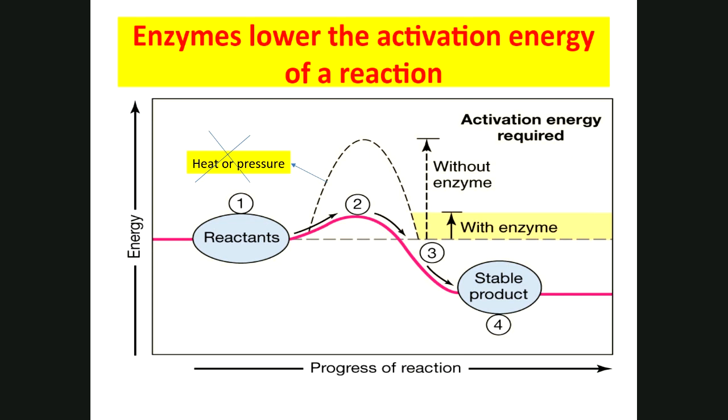depicts the actual role of enzymes. Enzymes are going to lower the activation energy of a reaction. So if you have certain reactants, in order to get the product from those reactants in a chemical reaction, this is how much energy we're going to need without enzymes. With enzymes, the energy needed is lowered, is reduced right here, so that the reaction is likely to happen.